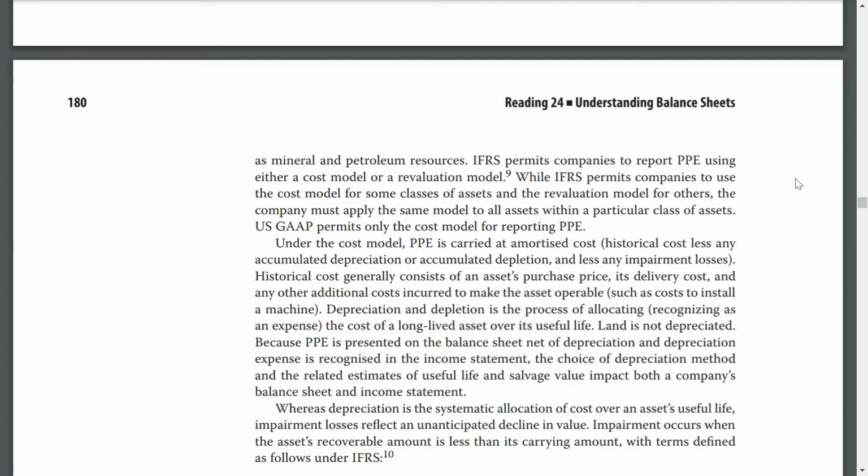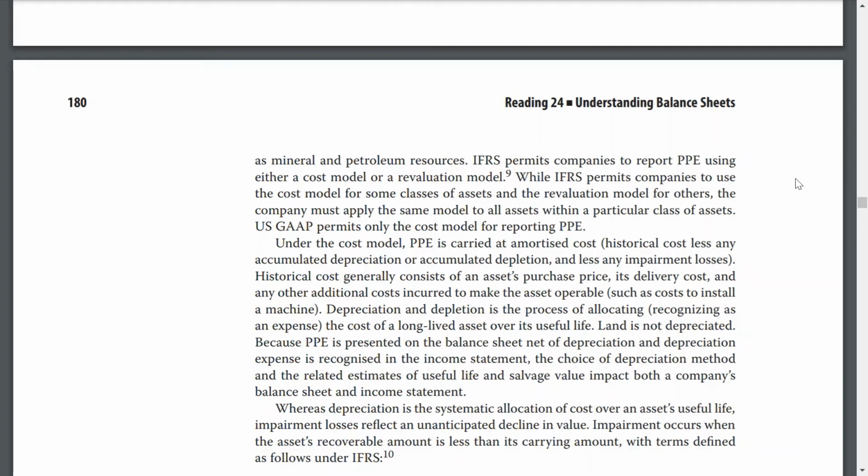US GAAP permits only the cost model for reporting PPE. Under the cost model, PPE is carried at amortized cost, or historical cost less any accumulated depreciation or impairment losses.